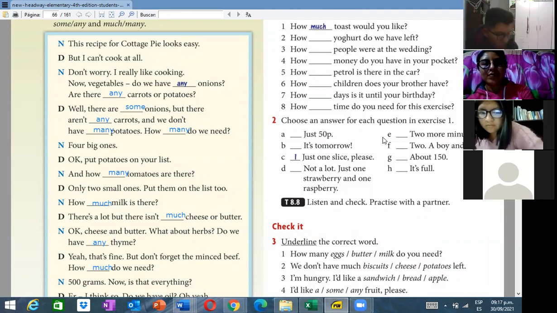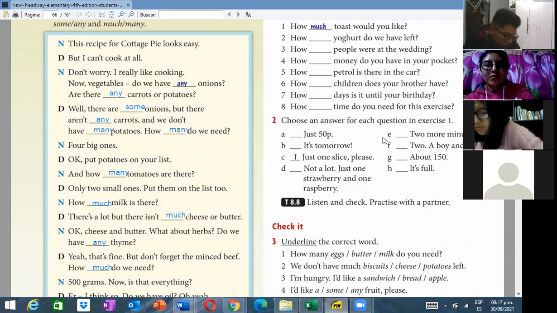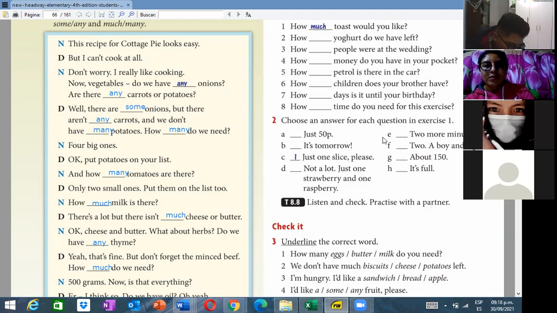This recipe for cottage pie looks easy. But I can't cook at all. Don't worry, I really like cooking. Now, vegetables, do we have any onions? Are there any carrots or potatoes? Well, there are some onions, but there aren't any carrots, and we don't have many potatoes.